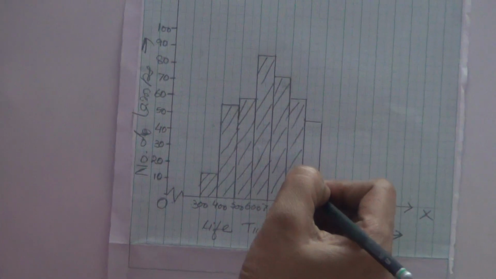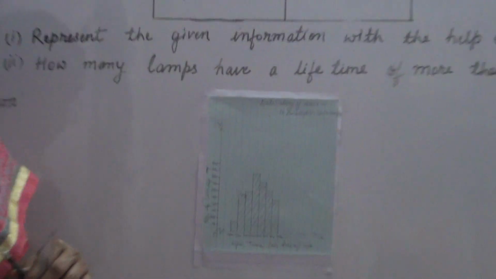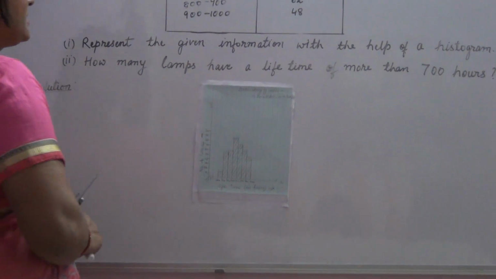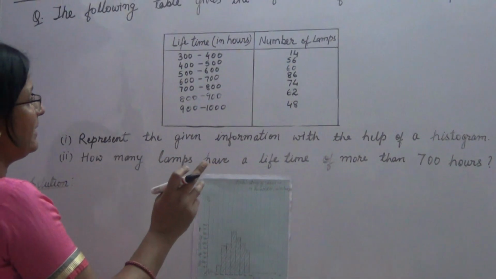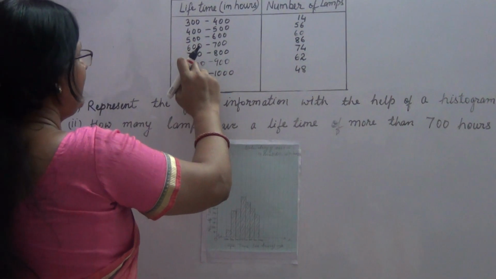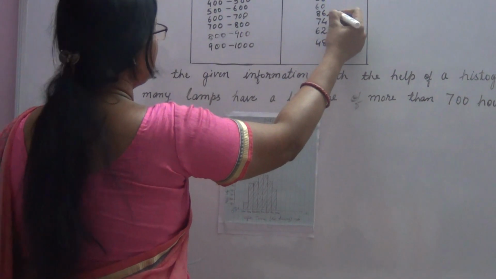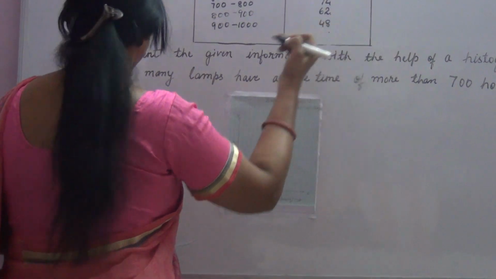Now we have to answer the second part of this question, as they are asking how many lamps have a lifetime of more than 700 hours. Now this can be answered from the given data only. More than 700 hours, so 700 to 800; till 700 it is 86. We have to add these three numbers.